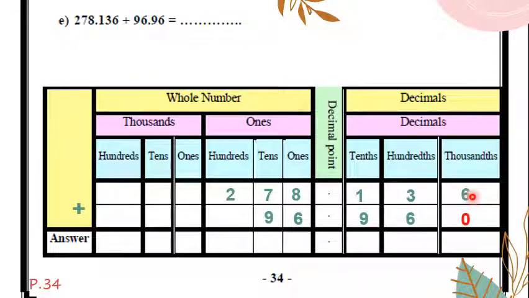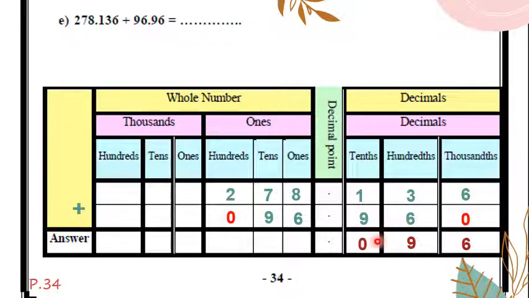Here 6, I'm going to write 0 under it because there is no number. And under 2, I'm going to write also 0. Then I'm going to start adding: 6 plus 0 equals 6, and 6 plus 3 equals 9. 9 plus 1 equals 10.